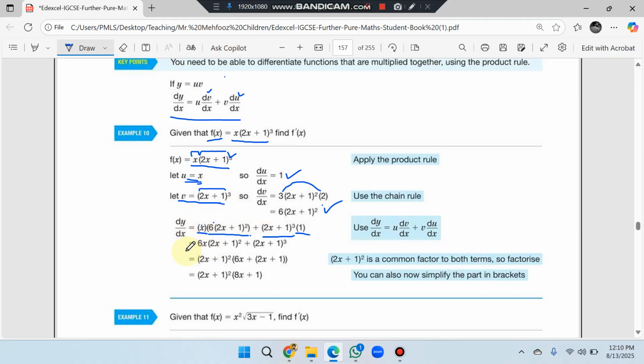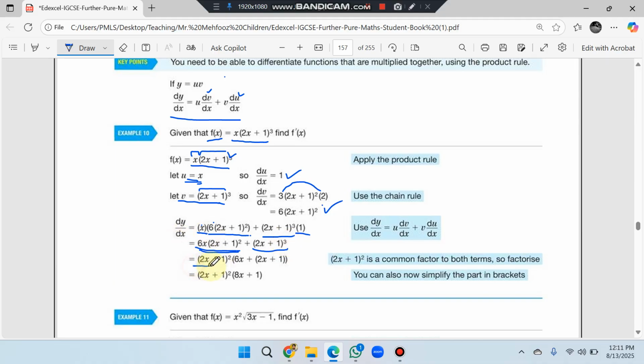6 multiplied by x, that is 6x into (2x plus 1) square, plus 1 multiplied by (2x plus 1) cube, that will become (2x plus 1) cube, right? Now you can again simplify it. First of all, you can see that here we have two terms. This is your first term, this is your second term, and in both terms you can see (2x plus 1) square can be taken as common.